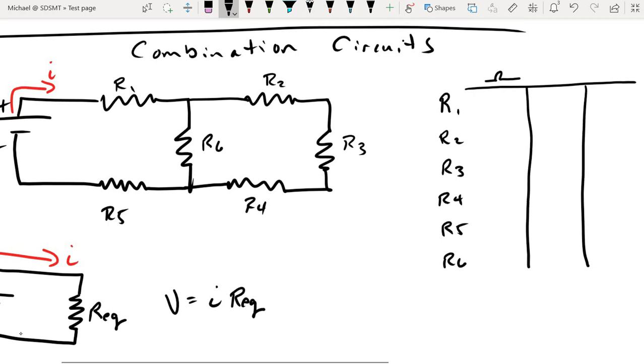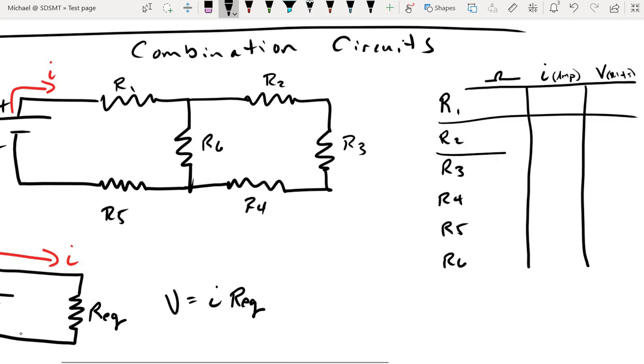In the second column, I want to know the current passing through each given resistor. And in the last column, I want to know what the potential difference is associated with each of those resistors. And that's going to be in volts. Trying to write small here. It's not working very well.